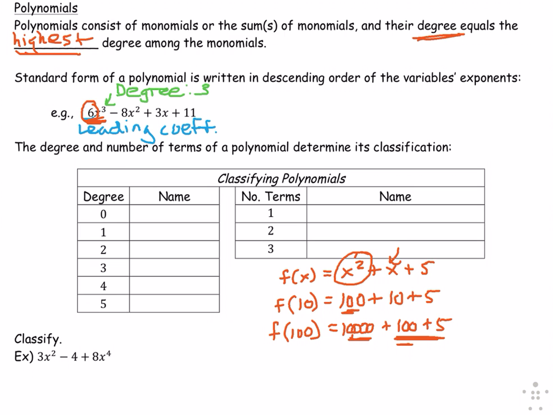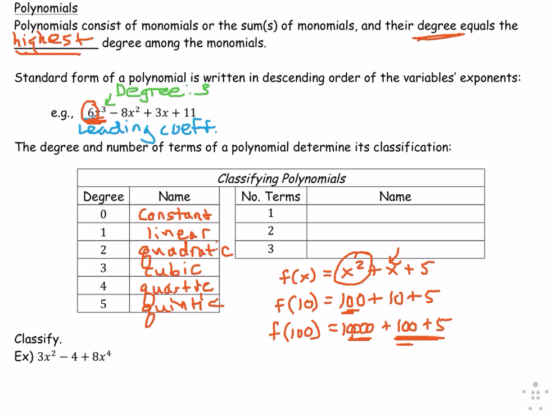More to come. So let's talk about classifying polynomials. This is just naming. When it's of degree 0, that is a constant. Power of 1, it's linear. 2, it's quadratic, don't say parabolic. 3, cubic. 4, quartic. 5, quintic.